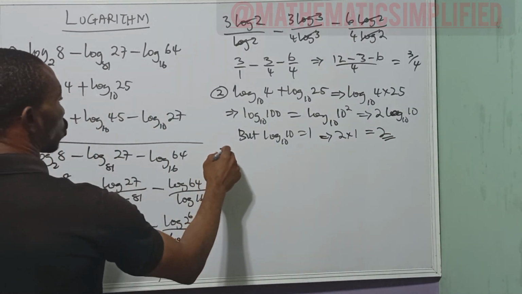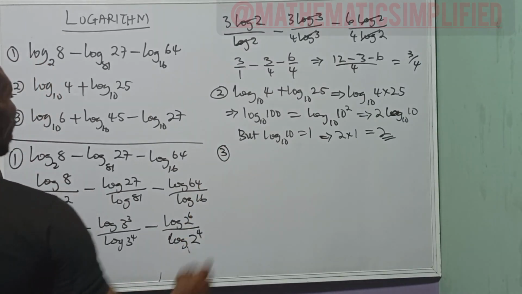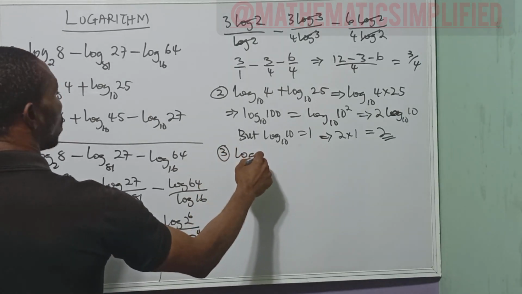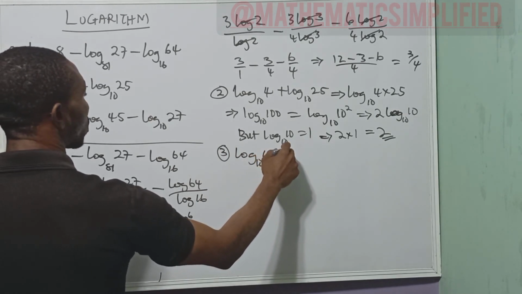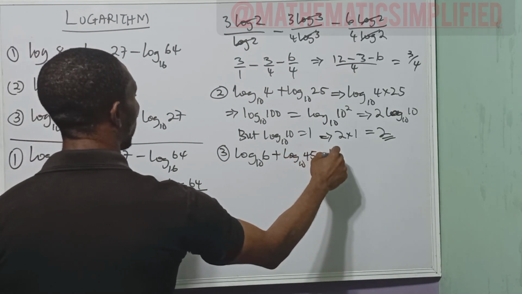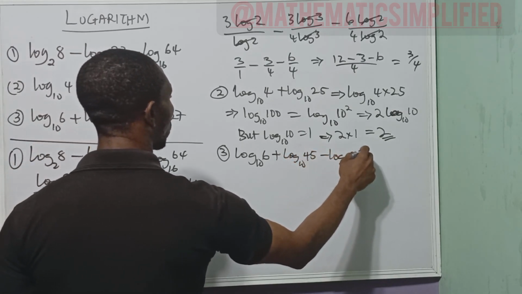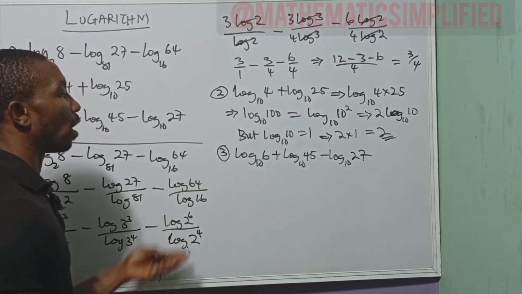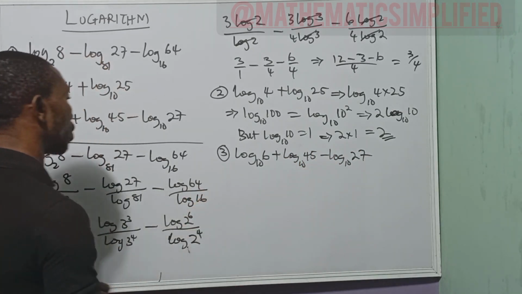Now looking at our third question, we have log 10 6 plus log 10 45 minus log 10 27. Now they are all in the same base of 10.